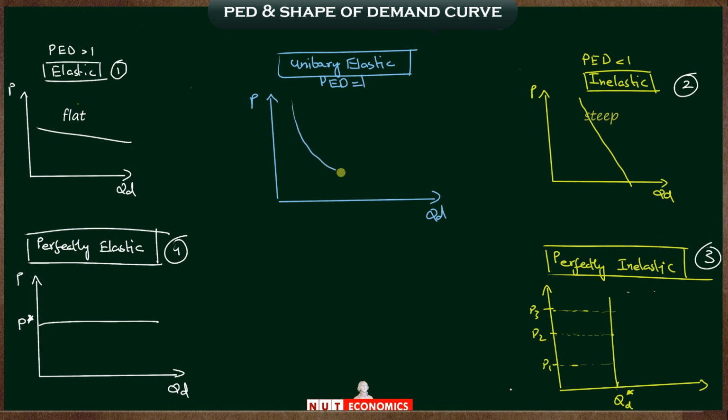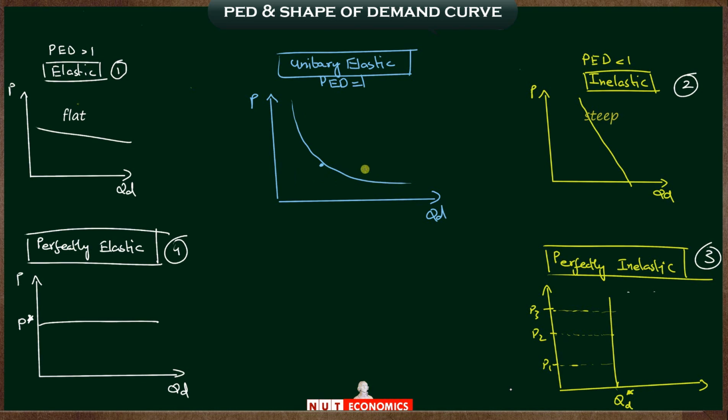And that is a curved hyperbola. Now hyperbola is a curve like this. That's a mathematical term, but you just need to remember that it is a curve whose middle is pointing towards the origin. And if your demand of the product is unitary elastic, its demand curve will be this hyperbola shape.